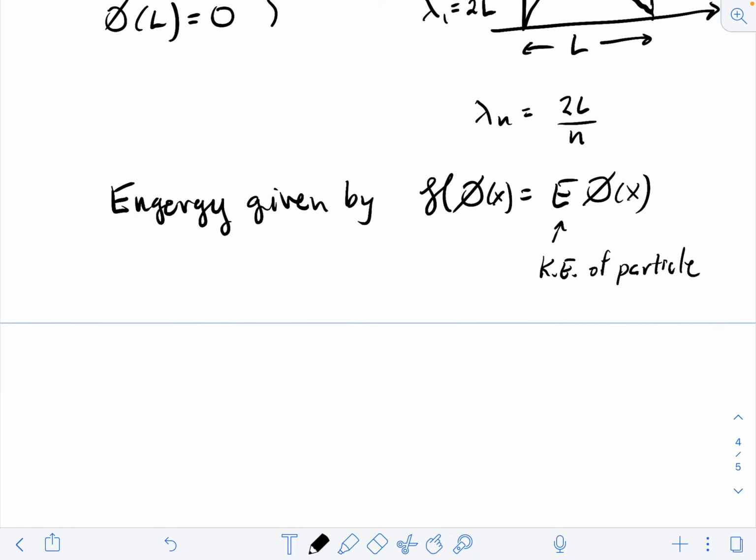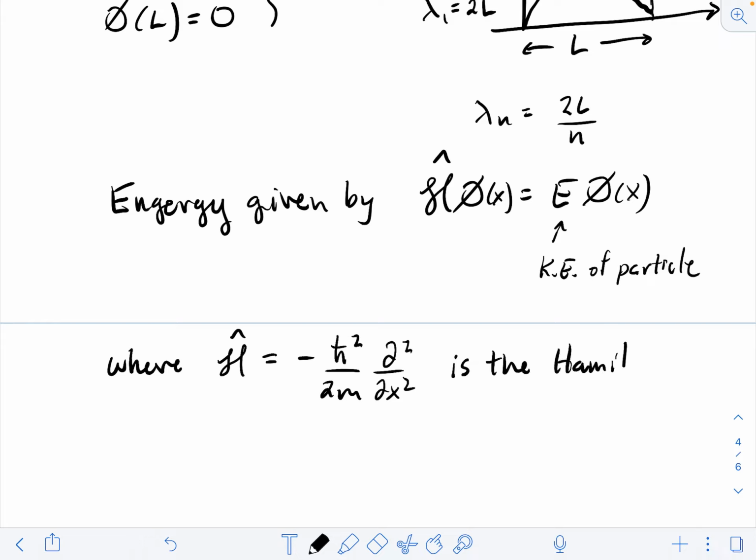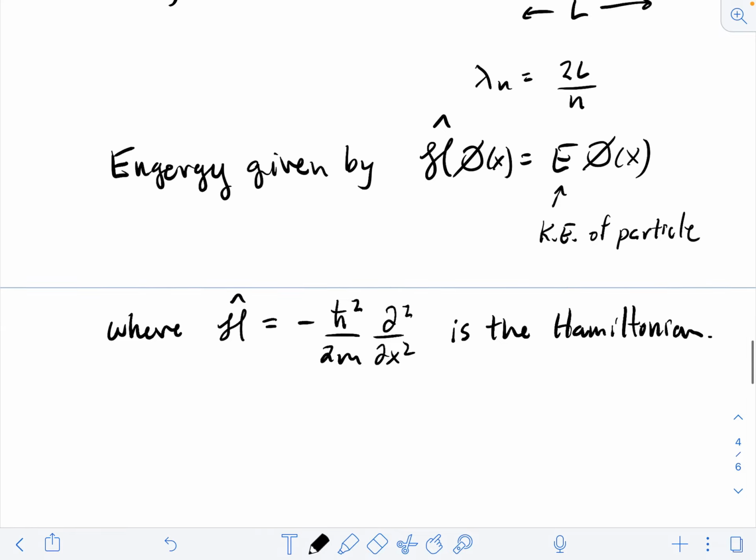Sometimes people put a little hat on the Hamiltonian to indicate that it's an operator, and for the system that we're considering, this operator is given by minus h bar squared over 2m times two derivatives with respect to x. And so this is the Hamiltonian.